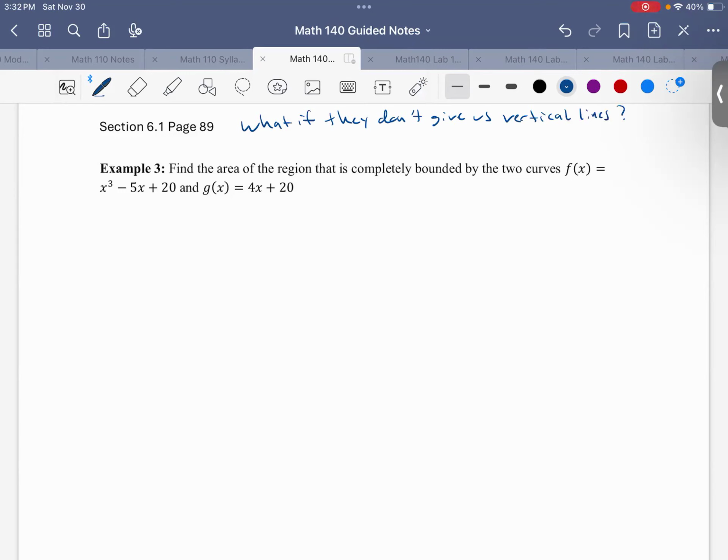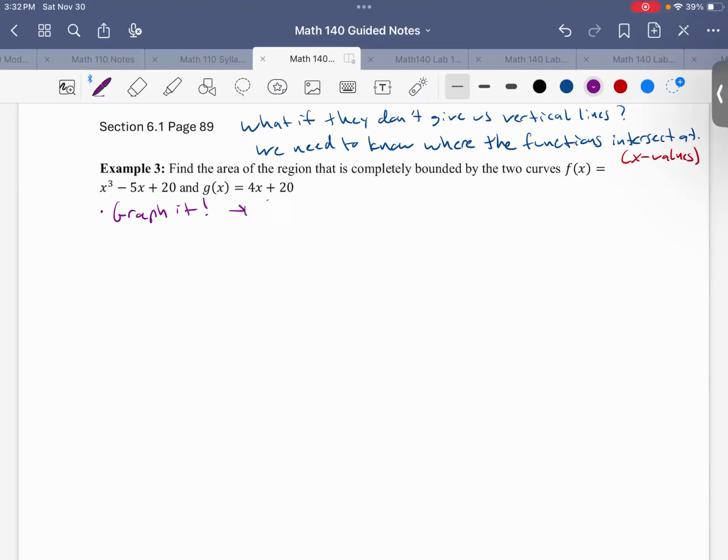The way to integrate, if we're not given vertical lines, is we need to know where the functions intersect. And what that means is we're going to get some x values. So the first thing to do for example 3 is graph it.